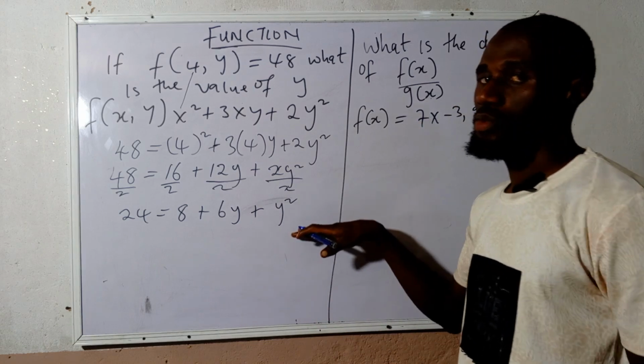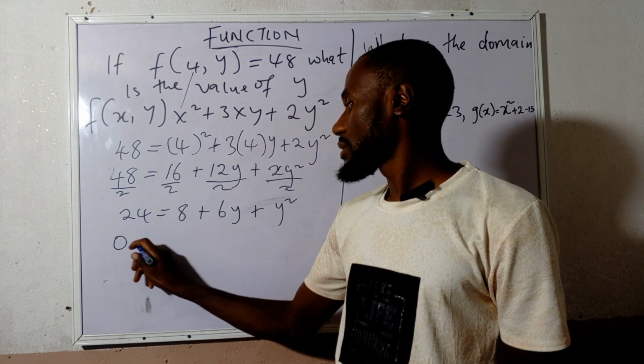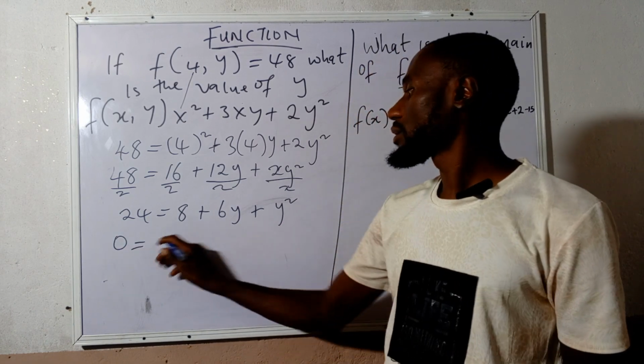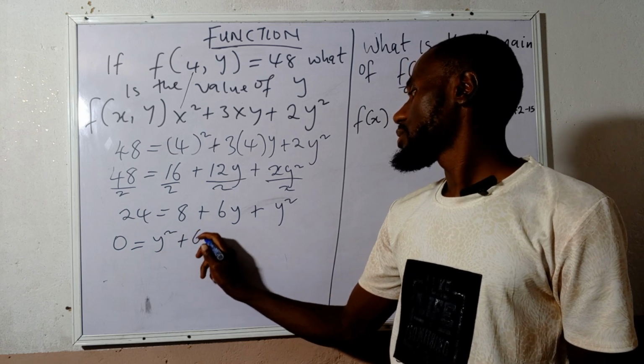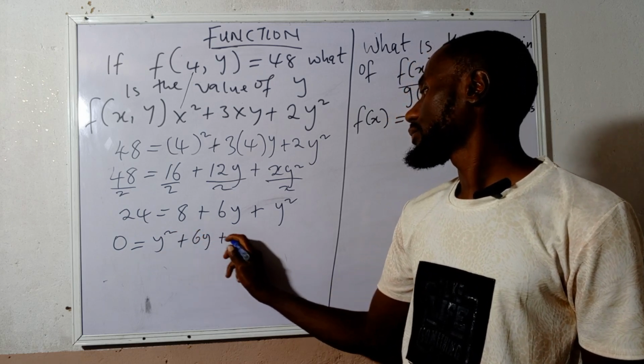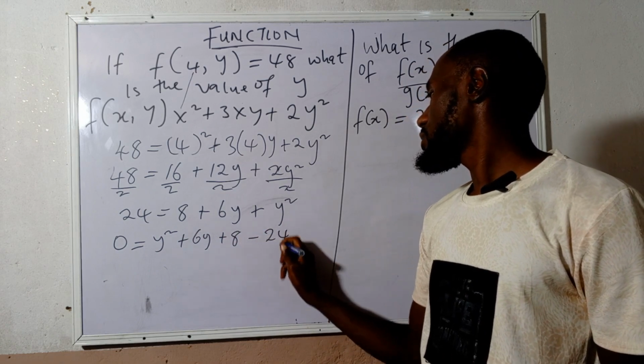Let's take everything to the right hand side. Here we have 0 is equal to, collecting the like terms, y squared plus 6y plus 8 minus 24.